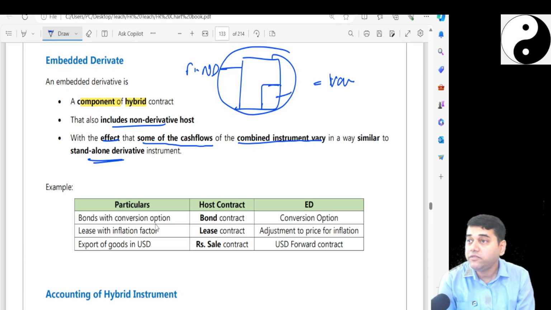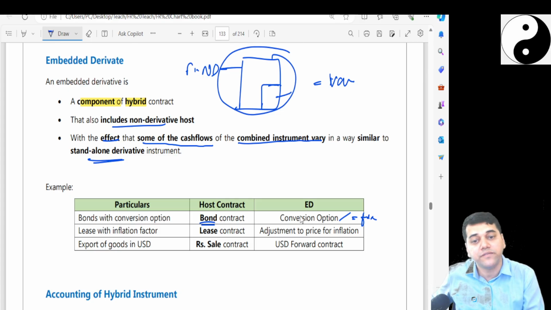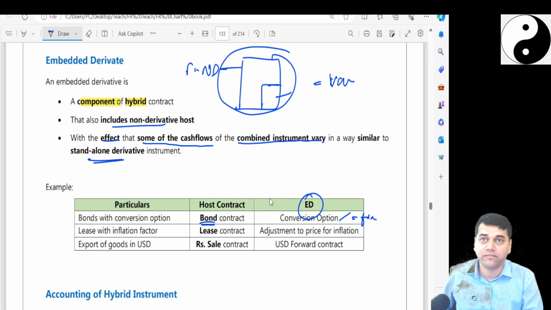Example, bond with a conversion option. Bond is a host contract. Conversion option is a derivative contract. We already did this in compound instrument. But since that conversion option passes the fixed-for-fixed test, we call it compound instrument, because even though it is a derivative, it is debt and equity.